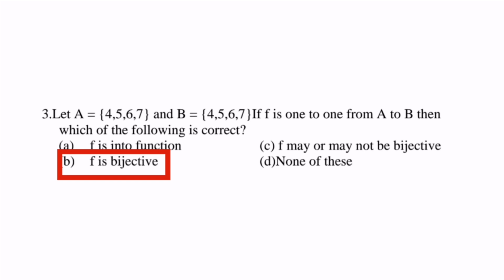MCQs 3. Let A is equal to {4, 5, 6, 7} and set B is equal to {4, 5, 6, 7}. If f is 1-1 from A to B, then which of the following is correct? Both sets A and B are equal and f is a 1-1 function, so if sets A and B are equal and the function is 1-1, then it must be onto, so the function must be a bijective function.